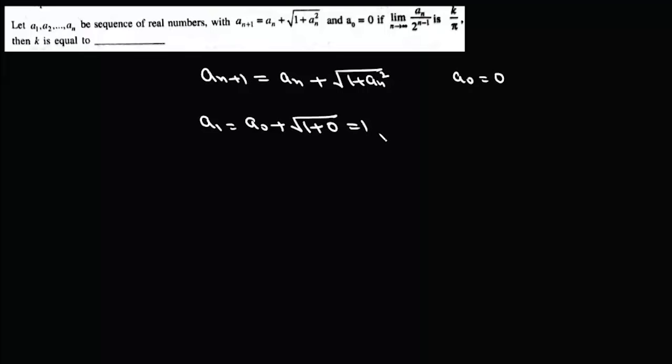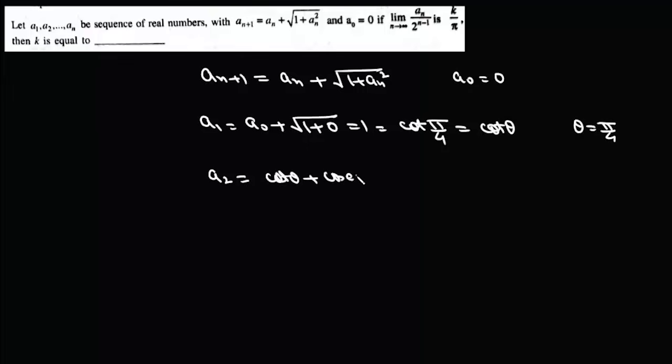Now we can write this one as cot pi by 4, or basically we can write this as cot theta, where theta is pi by 4. So this a2 will be cot theta plus under root of 1 plus cot square theta, which is cosec theta.